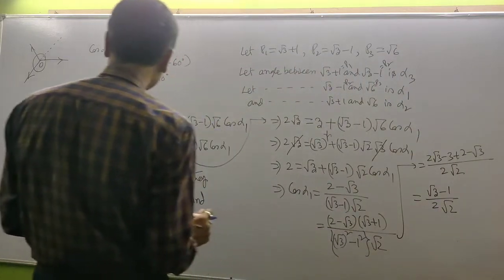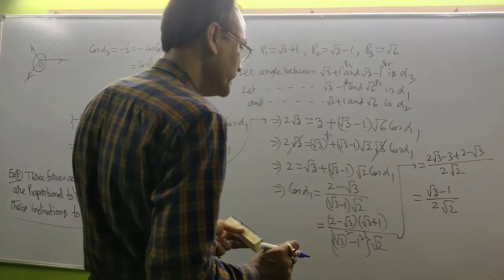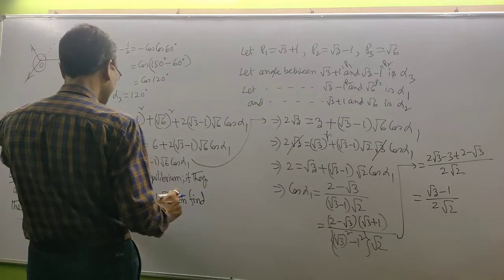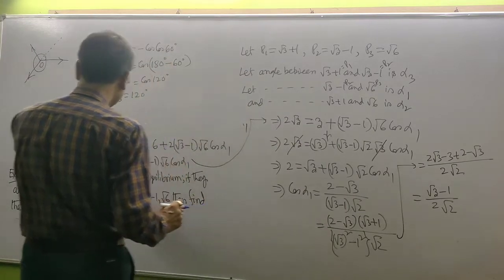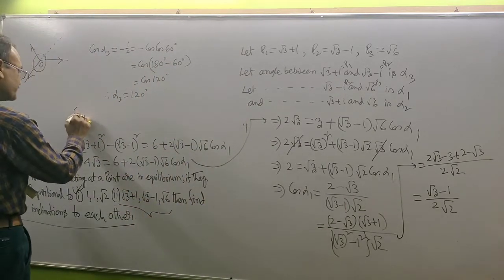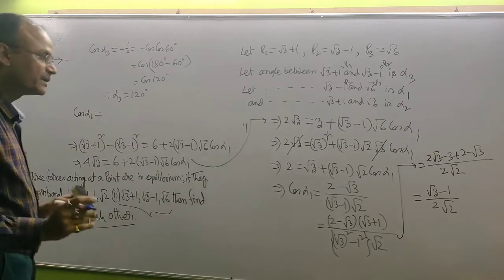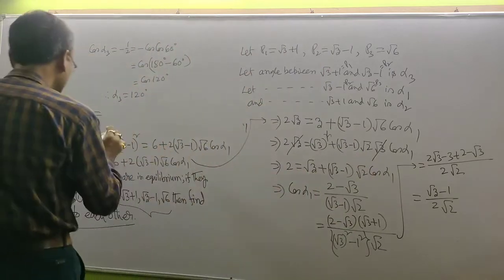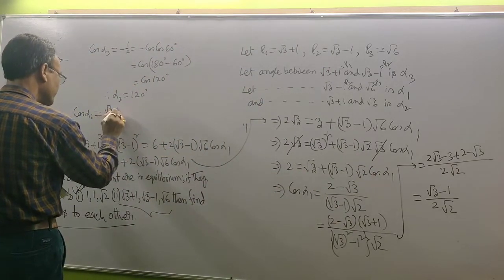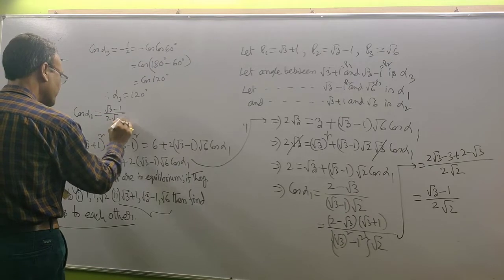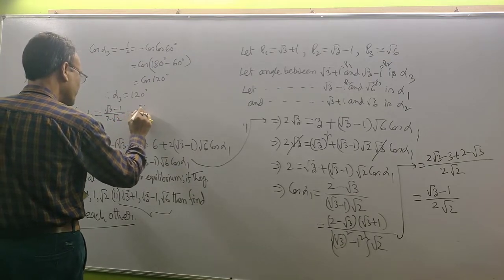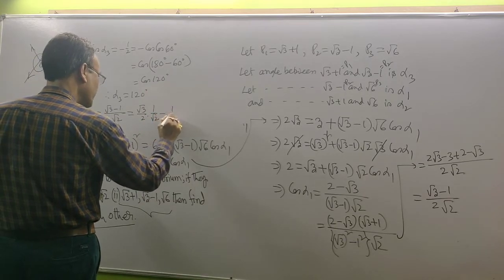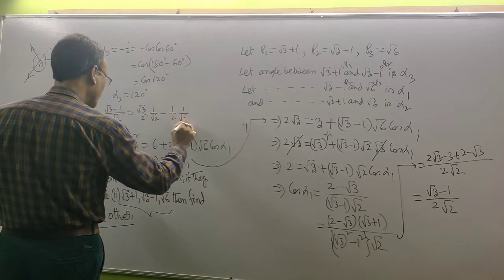Root 3 minus 1 divided by 2 root 2 means cos alpha 1 equals root 3 minus 1 by 2 root 2. This is equal to root 3 by 2 times 1 by root 2 minus 1 by 2 times 1 by root 2.